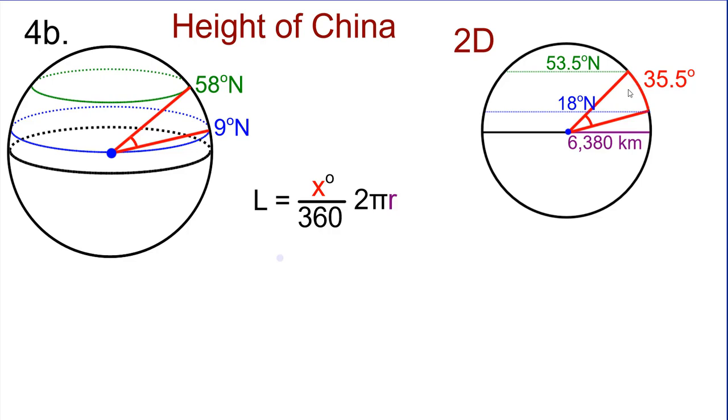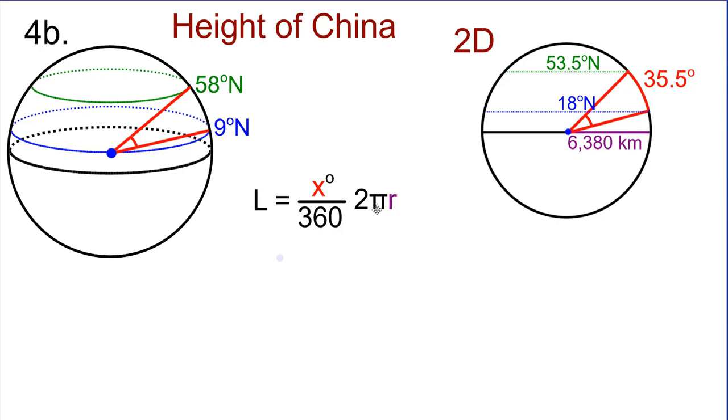If we subtract those two degrees, because those are both measured from the angle of elevation from the circumference, we subtract those two angles, that'll tell us the angle in between them, the difference between the angles, which is 35.5 degrees. So then what we end up with is a sector where we want to know the arc length of this arc of a circle.